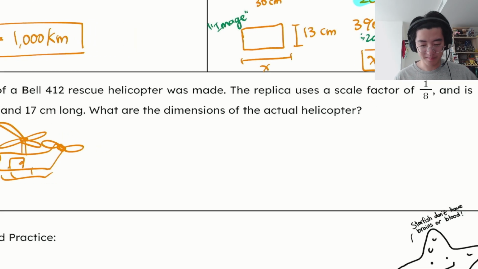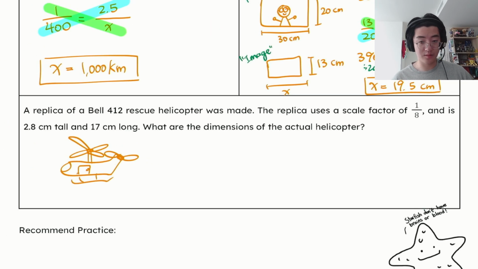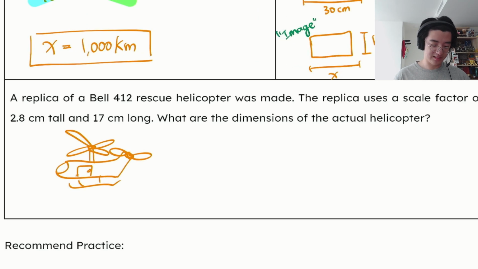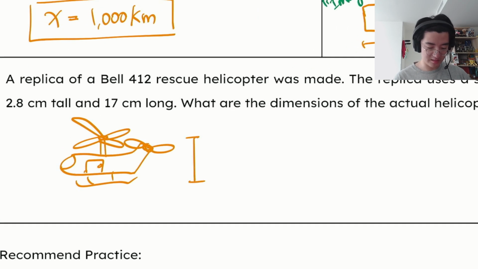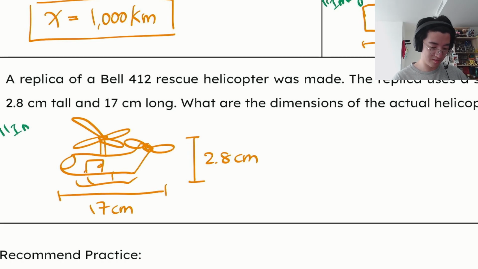Okay, so the replica uses a scale of 1/8, right? And it's telling us what the replica is. It's 2.8 centimeters tall and 17 centimeters long. Because the replica is not the actual one, this is our quote-unquote image. Again, it's probably better to use the word new versus old.